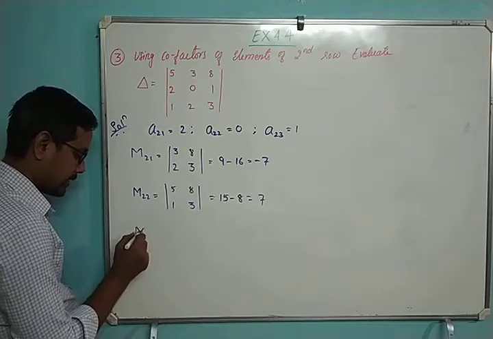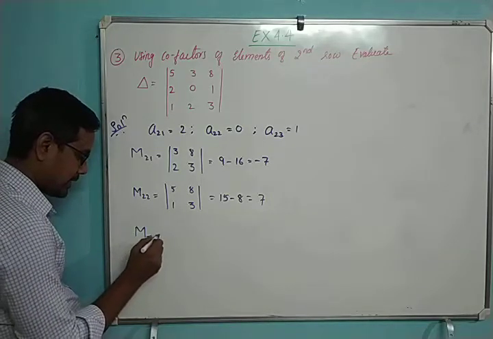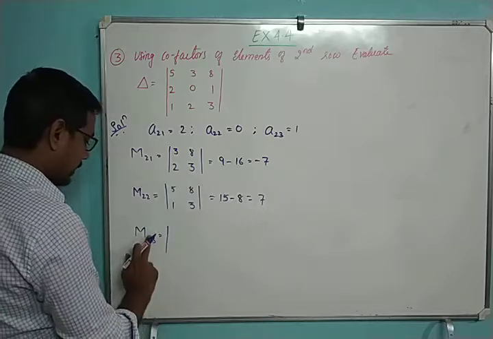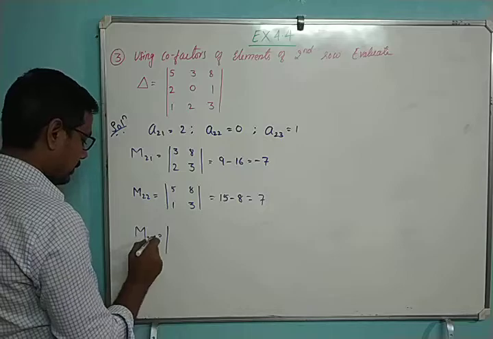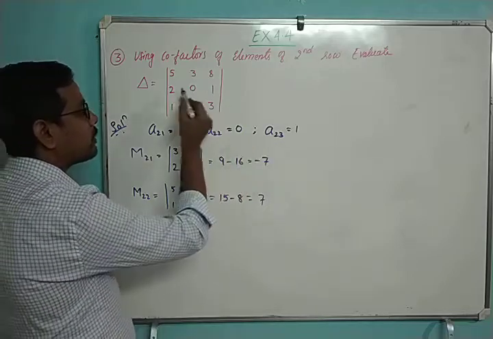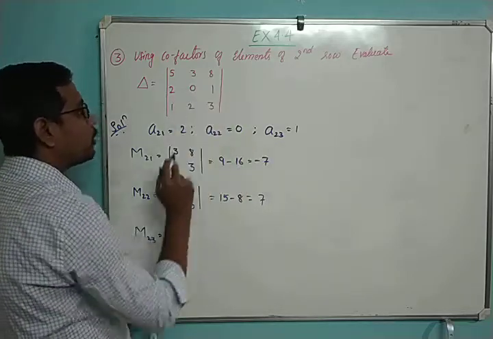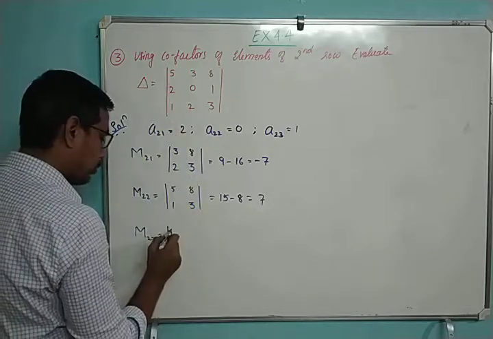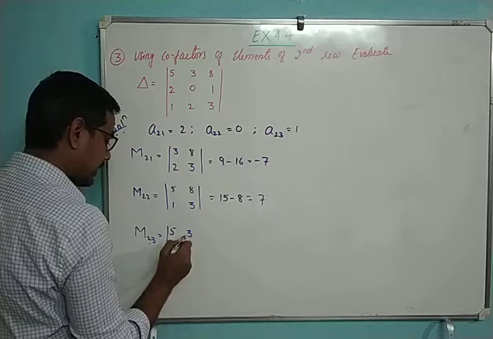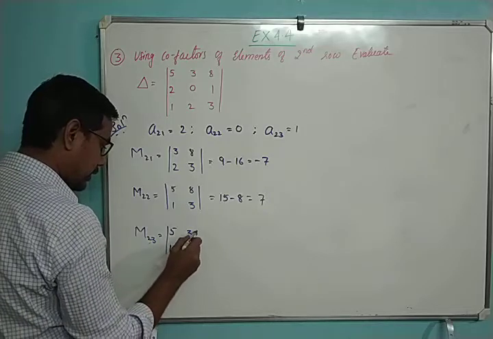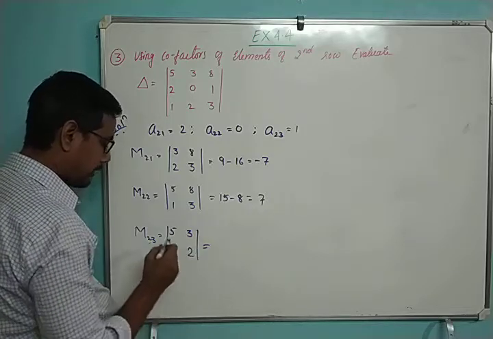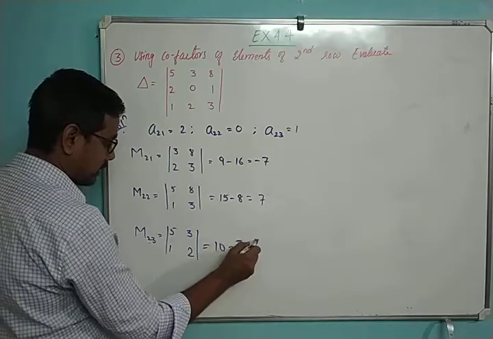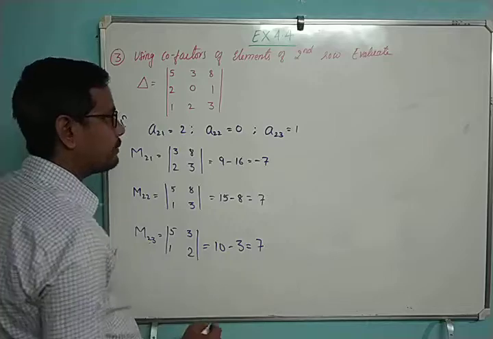Next is M23, the minor of a23, which is 1, in the second row and third column. Leave the second row and third column. What remains is 5, 3, 1, 2. So 5 into 2 is 10, minus 3 into 1 which is 3, so this is once again 7.